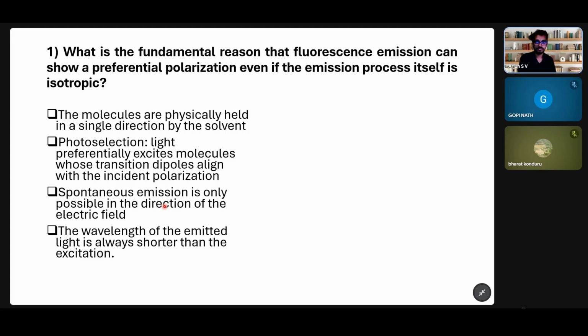Anyone? Can you guess what the right answer is?